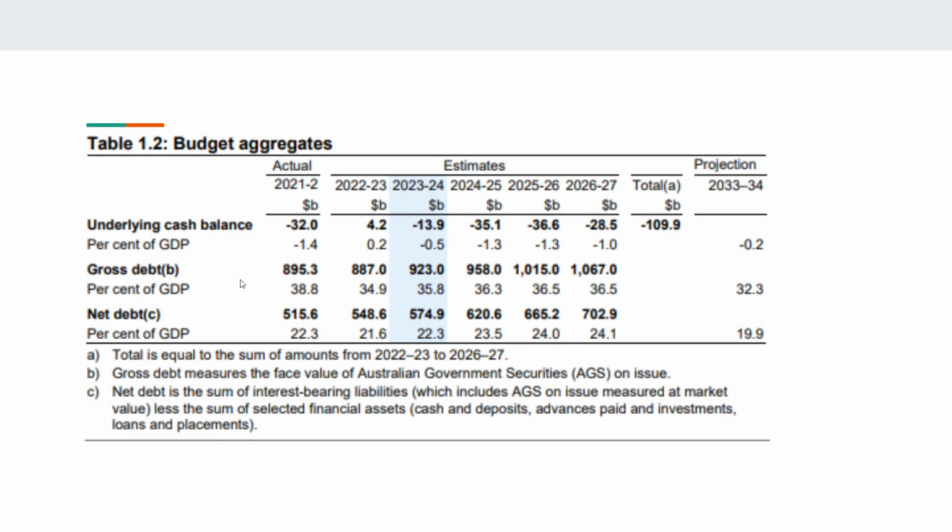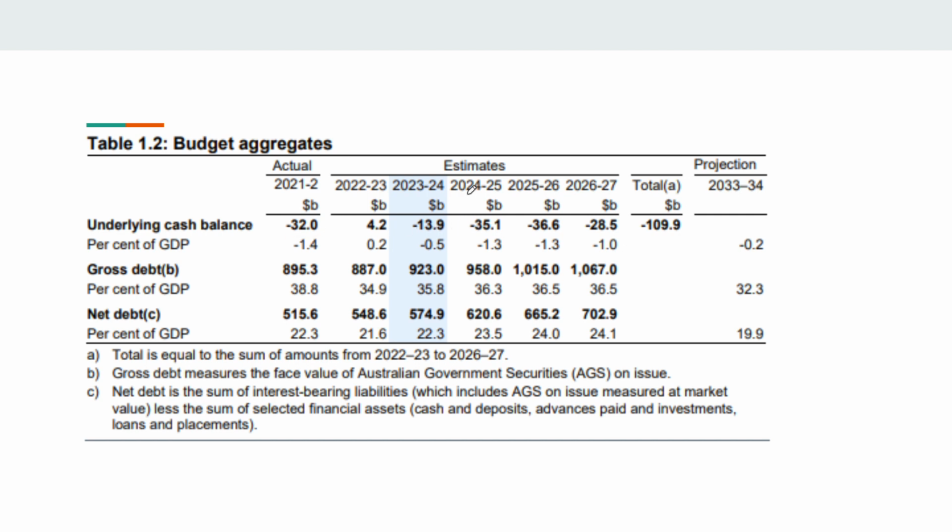So this is also from the budget papers, and you can see here that the underlying cash balance, our dollar figure, is $4.2 billion. But we're also going to measure that as a percentage of GDP, or 0.2%. A couple of interesting things here. The underlying cash balance in 2021-22 was $32 billion.